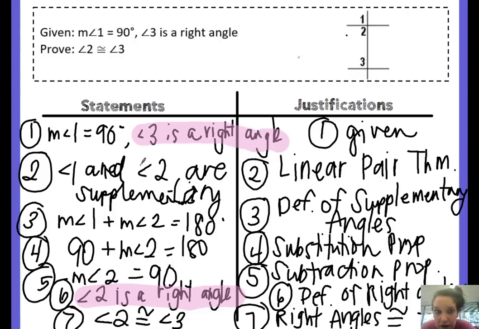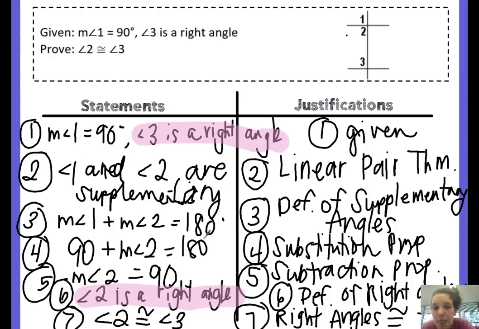Angle 1 and angle 2 are supplementary. And even if you don't know exactly what your end goal is, you know that if angle 1 and angle 2 are supplementary, their measures add up to 180. Definition of supplementary angles. You should be pretty good at saying that step next.